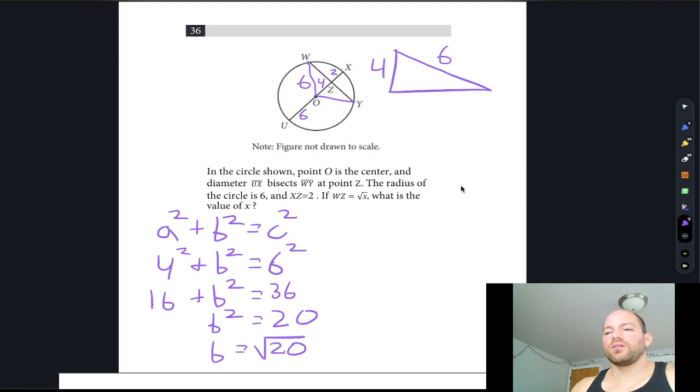Now, we can't select a square root sign in this. Let's go ahead and look back at the way they worded that question and see what's going on here. They're saying WZ is root X. And what is the value of X? Okay, so we found that the length of WZ is root 20. Okay, so that means that X is 20.